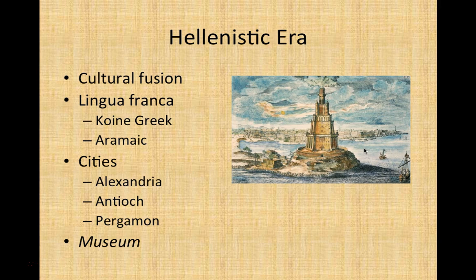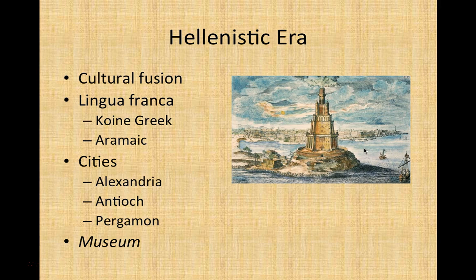Now, to try to capture this whole process of cultural fusion, I want to talk about an institution and then give a couple of examples. We'll look at some pictures of things that were produced in the Hellenistic period. The institution that I want to discuss was called the Museum. It was in Alexandria.